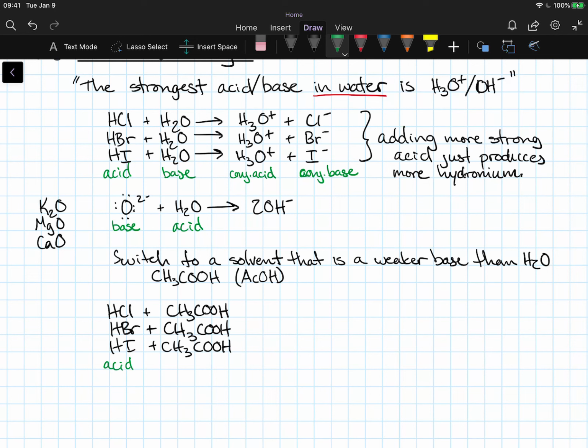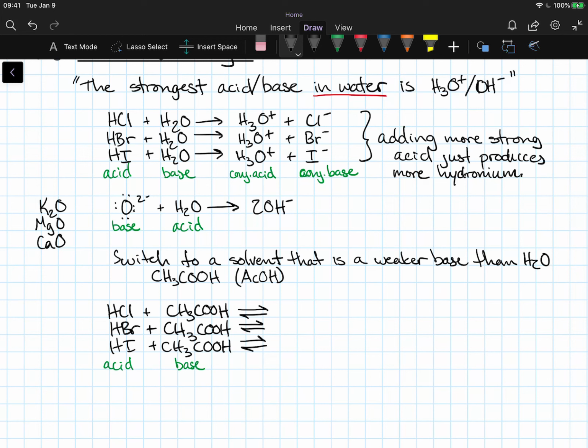And now acetic acid is going to act as a base. This is a little bit strange because we just called it an acid, but remember, acetic acid is a weak acid compared to our hydrohalic acids like HCl, HBr, and HI. So in this case, the stronger acid prevails and makes the weak acid into a base. Now these are no longer strong in this case. We switch the solvent, so now we're leveling them to a different strength.